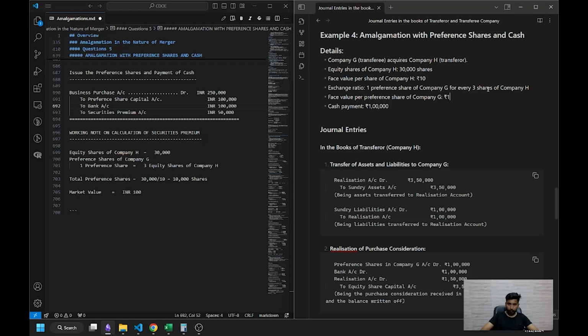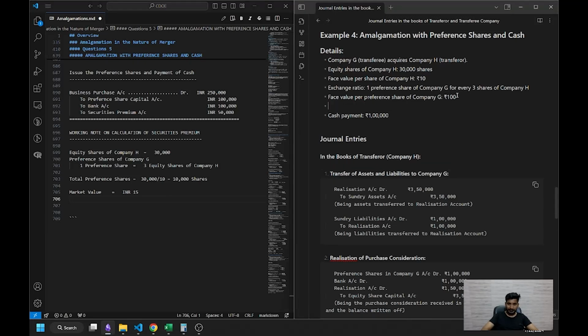Actually, we have the missing values in here. The market value per share of company G is rupees 15, and the face value is rupees 10.